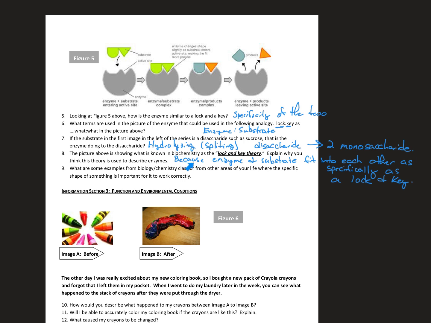So the reason is because the enzyme and substrate fit into each other as specifically as a lock and a key.